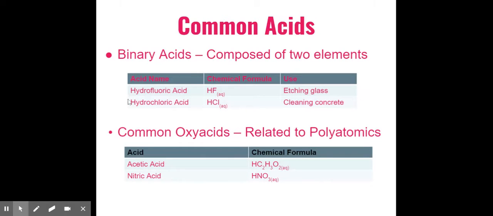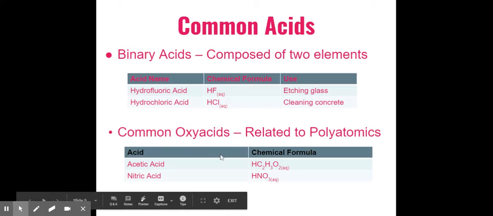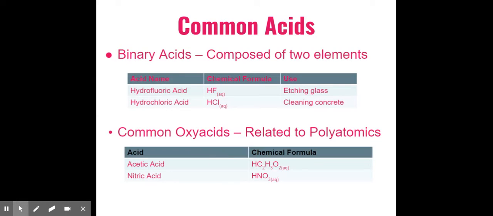These are just some examples of common acids that we might see and their uses. So, for example, here we have hydrofluoric acid, which we can use to etch glass. So, if you have stained glass, this is what's used to help create the paintings and portraits inside of it, and hydrochloric acid, which they use to clean concrete, and then acetic acid, which you should be very familiar with because acetic acid is just another name for vinegar.